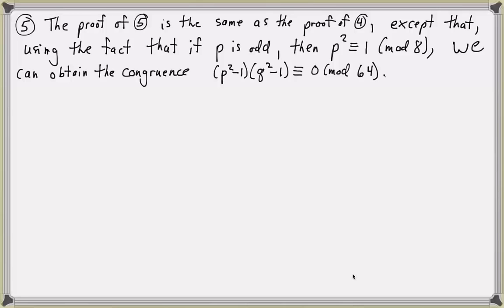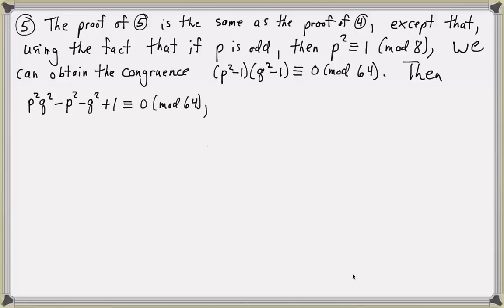So then, again, if we expand this, we'll get p squared times q squared minus p squared minus q squared plus 1 is congruent to 0 mod 64.